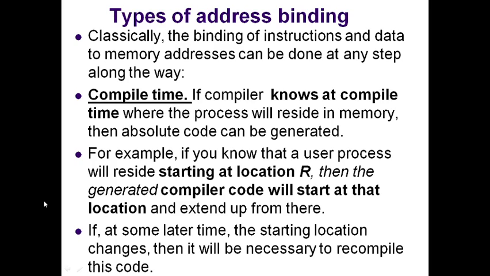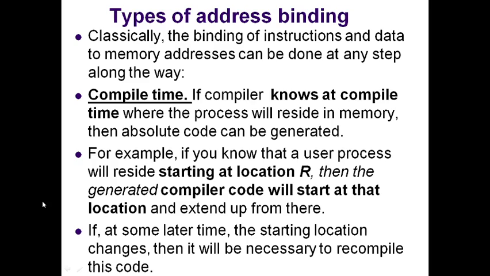But the problem with this approach is that because the compiler binds the instructions to addresses, in case the program gets loaded into a different region of addresses, then the entire program has to be recompiled. Otherwise it will go wrong. For example, the compiler has assumed that the program is going to be loaded starting from address 0. So wherever it finds addresses, it replaced them in the range of 0 up to the size of the process.